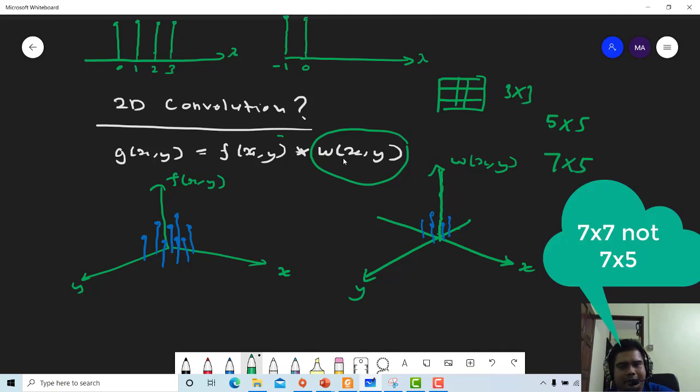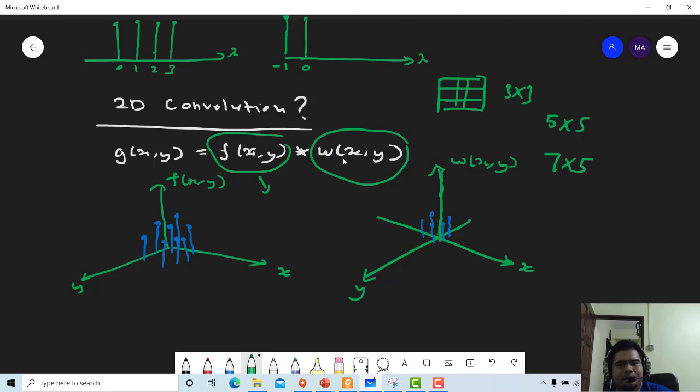However, the input image is a big matrix. It can be 1024 times 1024. So it's very tedious to choose that one to be flipped. That's why for two-dimensional convolution, we always choose this one to be flipped.